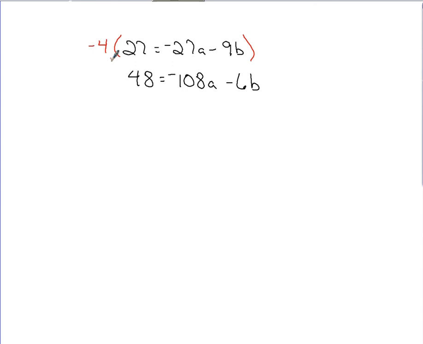So, if I make it -4, then that'll adjust for the signs. You've got -108 equal to 108a plus 36b. Bottom equation, we like that already. Should be a double arrow there.